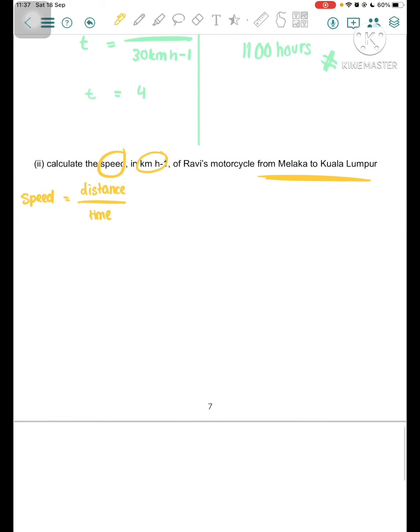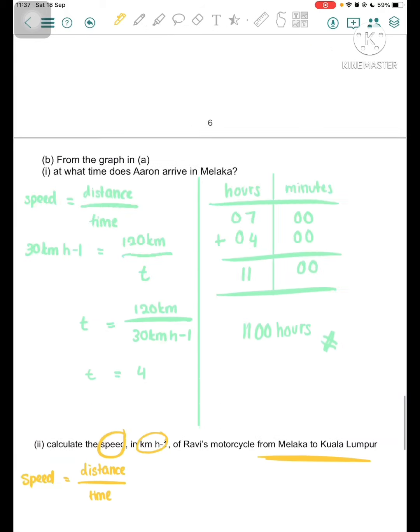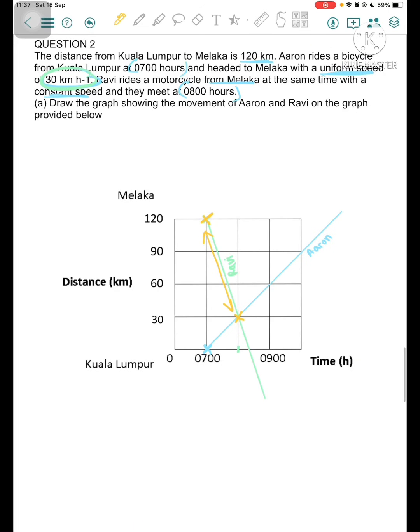Okay. His speed within their intersecting point is 7 hours to 8 hours, within 1 hour. Okay, and then we'll have to find the distance, and that is the starting point and at the intersecting point.